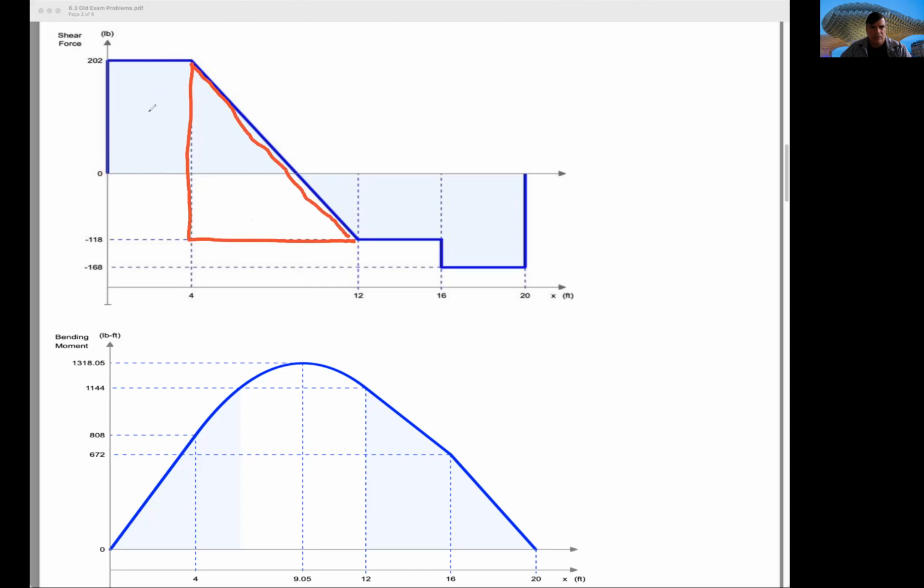We know the proportion of the red triangle, and the proportion is 202 plus 118. Okay, that is the value of that particular line, and happens to be 320. And we also know the base. The base is from 4 to 12, that is 8.